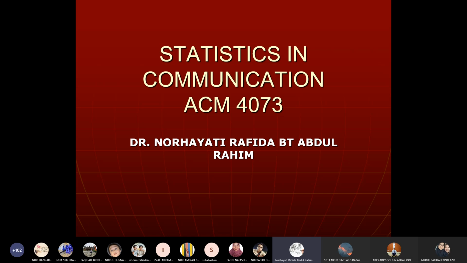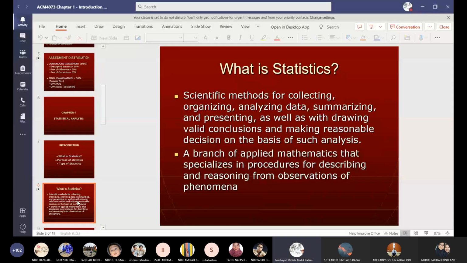COVID-19 is bad. I feel bored at home. I don't do much. I cannot perform. I become very lazy. So those data are qualitative. You can't transform those answers into numbers.